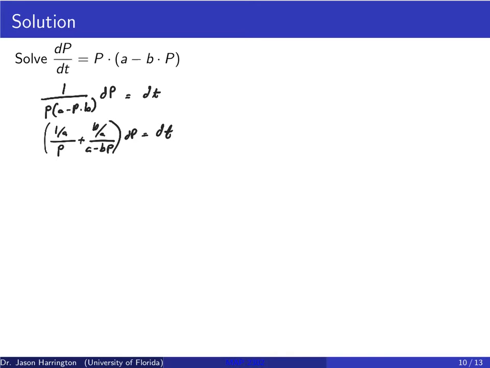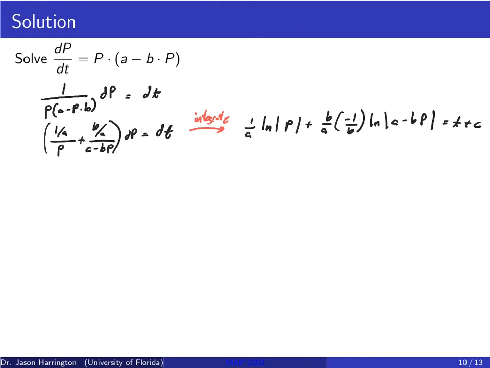Now we can integrate both sides. Then what we have is 1 over a, natural log of the absolute value of p, plus b over a, don't forget the negative 1 over b, natural log of the absolute value of a minus bp is equal to t plus c.